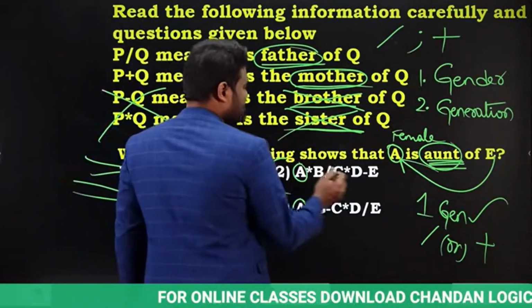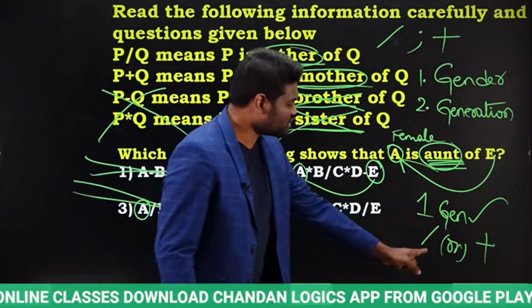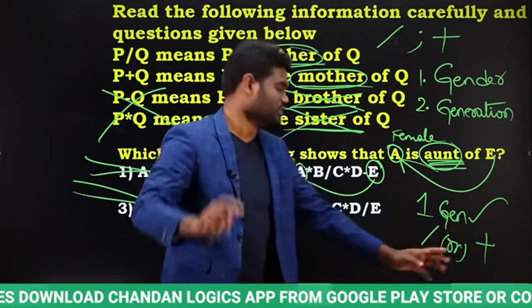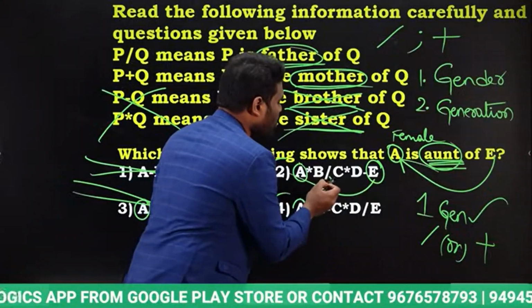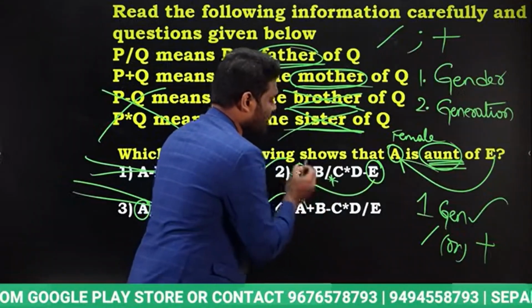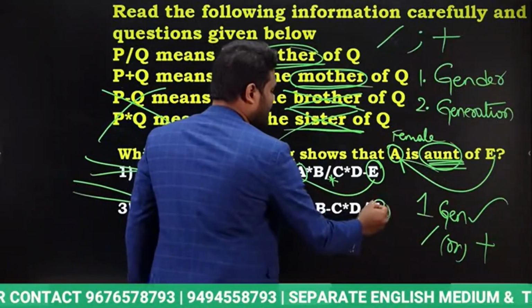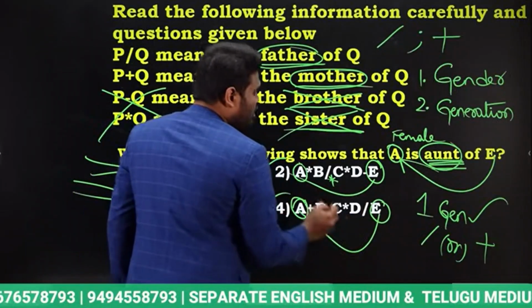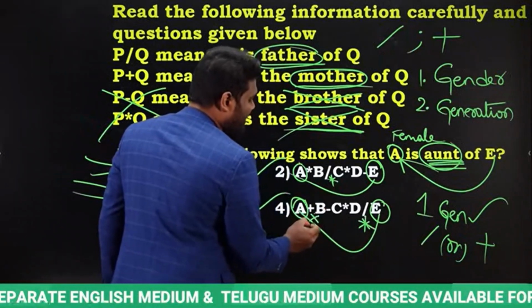Now if you look here, this is A, this is E. Between A and E, I need a slash or plus, but not both. Look here, I have slash, and I have the slash symbol only one time. Yes or no? Okay, this is fine. Let's look at this one. If you look at A and at E, you have a slash symbol and similarly a plus symbol.